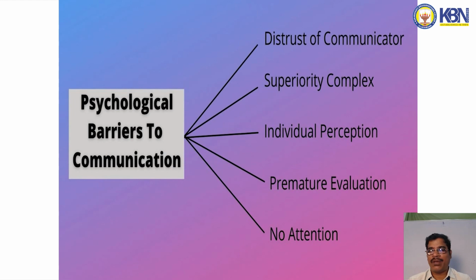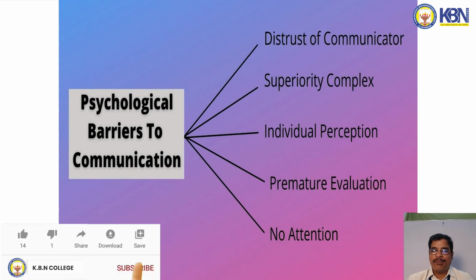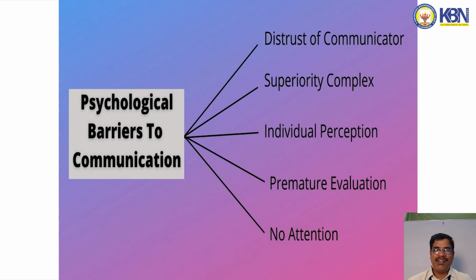In the same way, we may have different perceptions on the same issue or in the same situation. Whatever perception I have, I cannot say that the same perception can be there in my group of audience. So individual perception also may not help us to understand the communication properly.